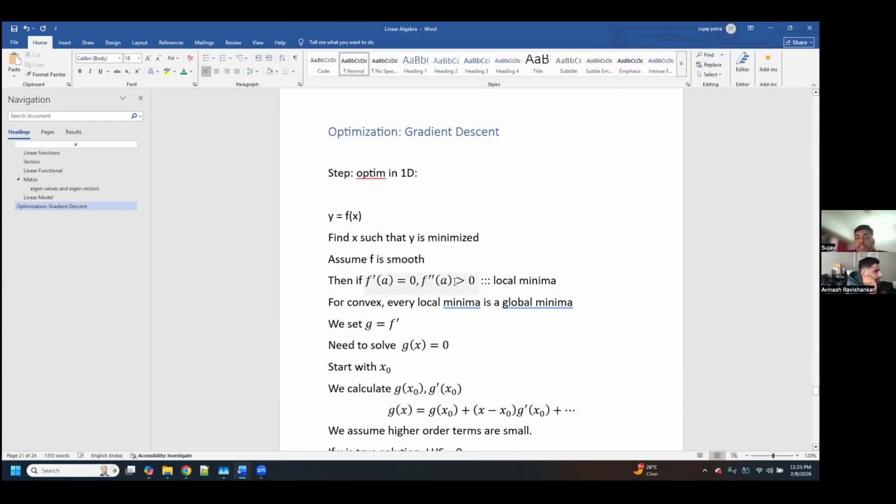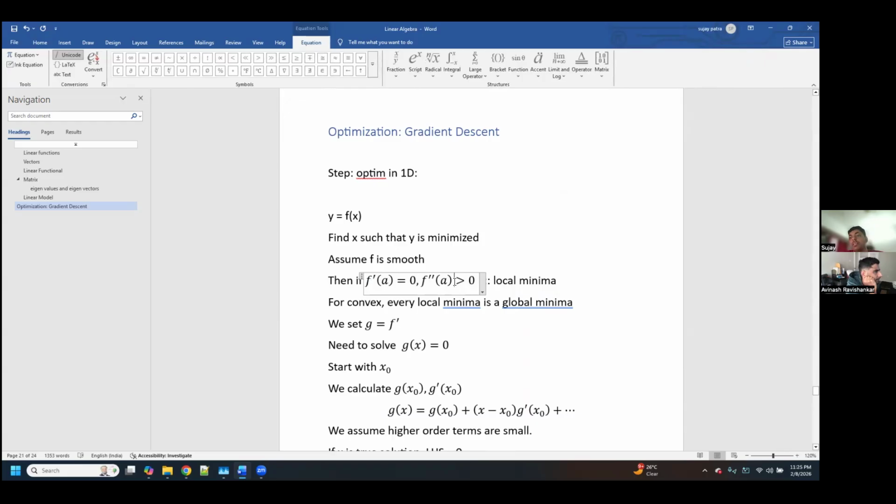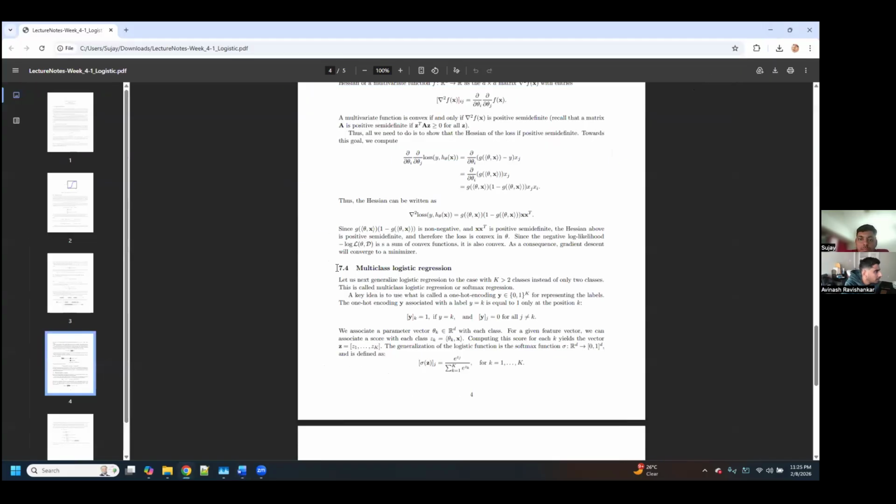So the second derivative in higher dimension is the gradient of the gradient, which is the Hessian. So you can see this del theta i, del theta j. This is the second derivative. So that is the problem.